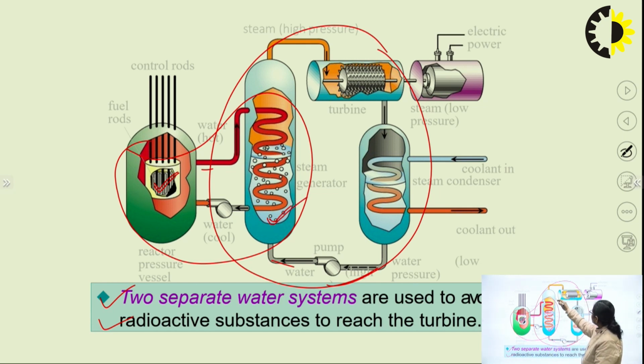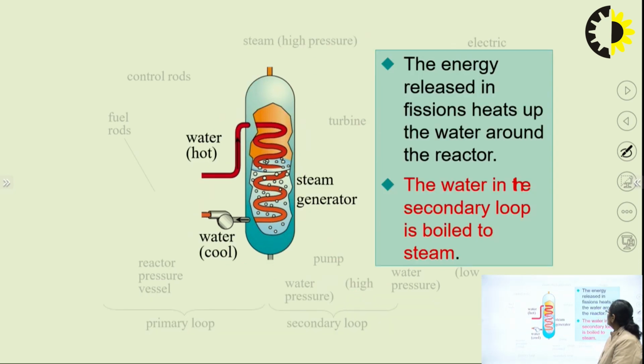And the second loop is actually the steam and water loop. So steam, after passing through the turbine, is condensed, converted to water and sent back to the steam generator for generation of steam. The energy released in fission heats up the water around the reactor, and the water in the secondary loop is boiled to steam, which I have told you on the previous slide.